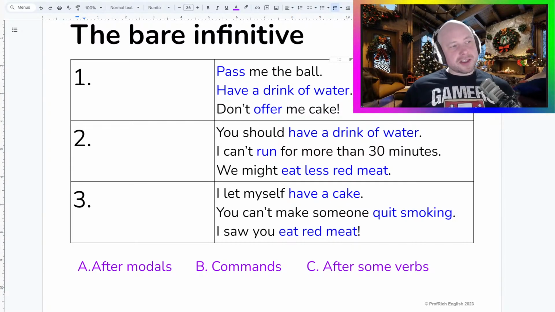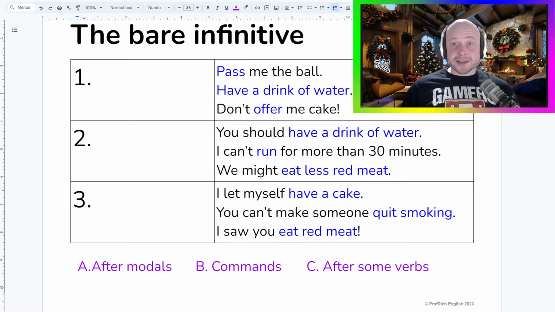So we have lots of examples there in 3 different circumstances of using the bare infinitive. And at the bottom, A, B, C, you have the reasons.